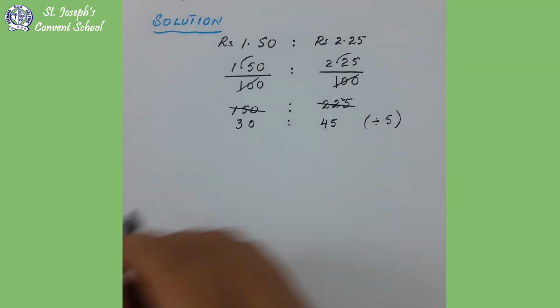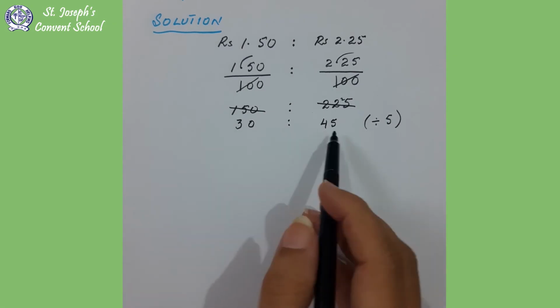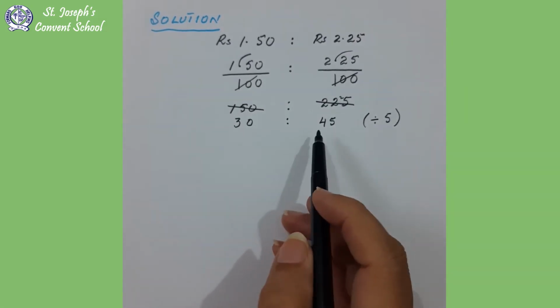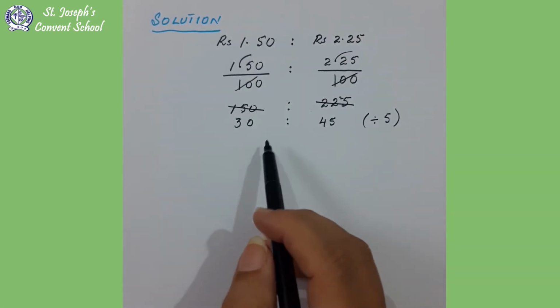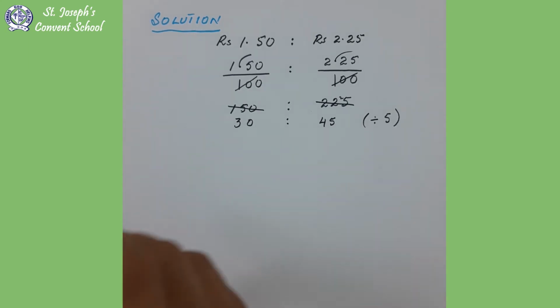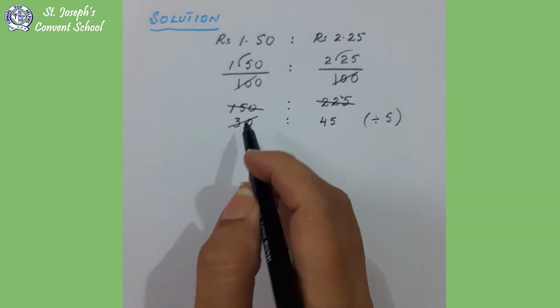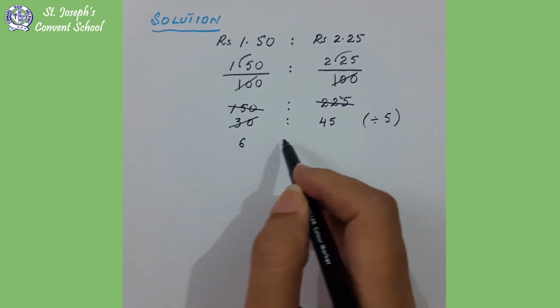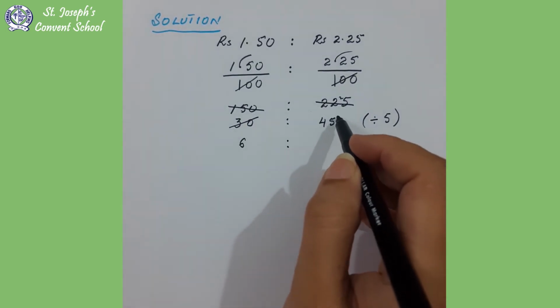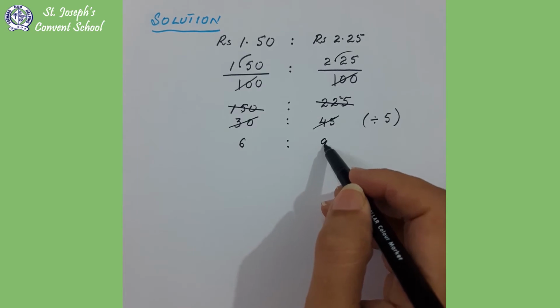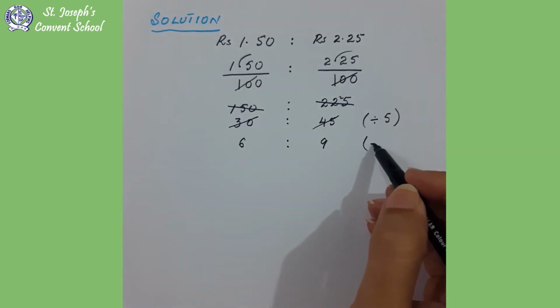Divided by 5. Now you check if you can further divide 30 and 45. Check in which table these two go. Again you can see they go in the table of 5. So 5 into 6 is 30, and 5 into 9 is 45. So again we have divided by 5.